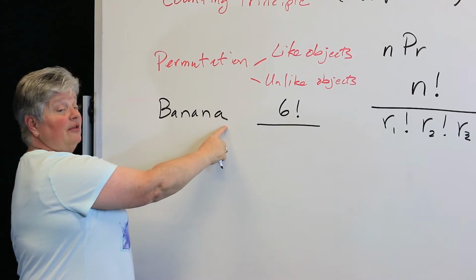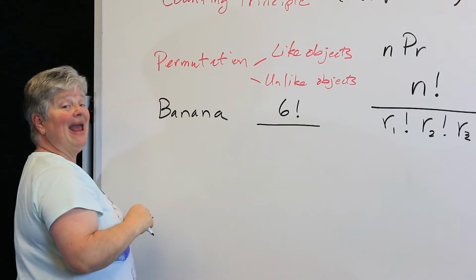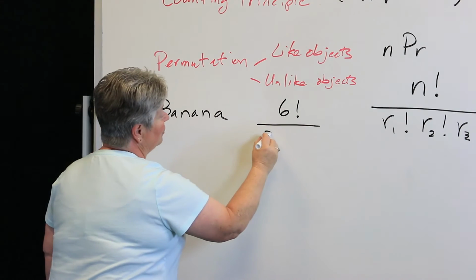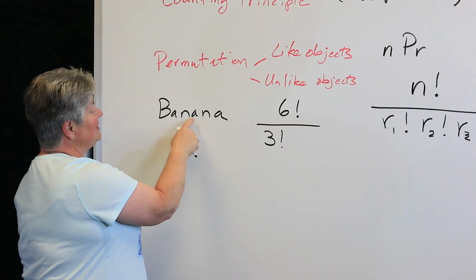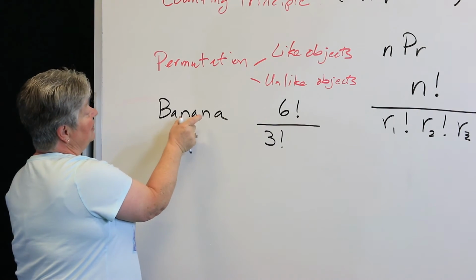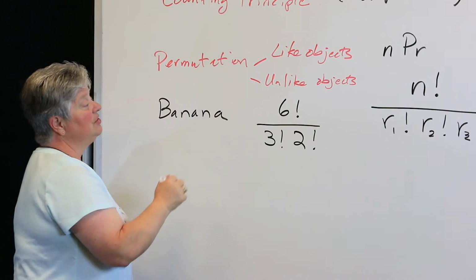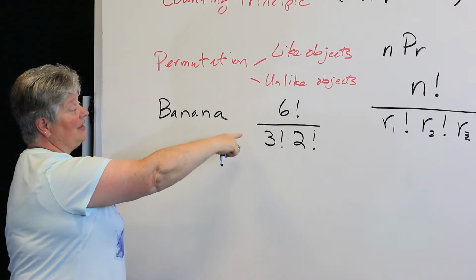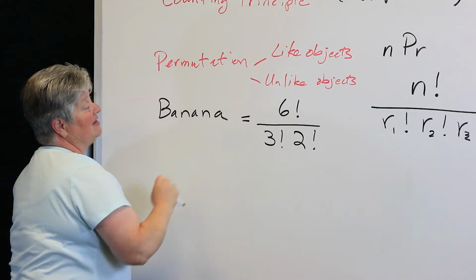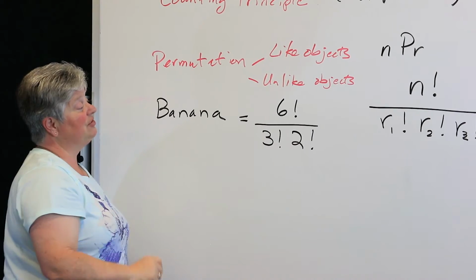When I look at this word, I have 1, 2, 3 A's. So I'm going to divide by 3 factorial. A is there 3 times. And I have 2 N's. N is there 2 times. So the way I can figure this out is that I have 6 factorial divided by 3 factorial times 2 factorial.